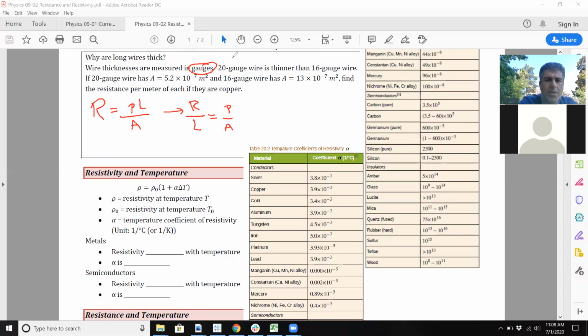What I'm doing here is simply multiplying both sides by 1 over L. So that's how I got this over here. And so resistance over length is what they're asking for, resistance per meter. And you're dealing with copper, which is 1.7.